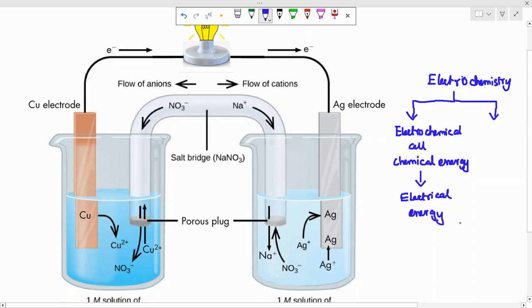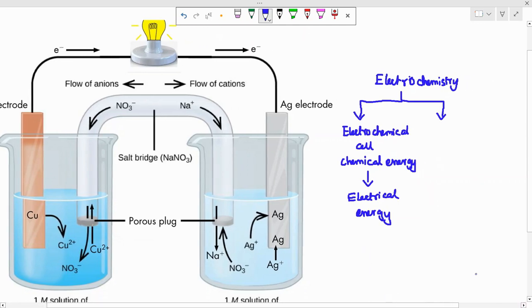And then further, electrolytic cell. This is the device which can be used to convert electrical energy. For example, in an endothermic reaction, we give some heat energy to the stoichiometric reaction, and the energy will be absorbed by the reactant and the reaction proceeds, right?